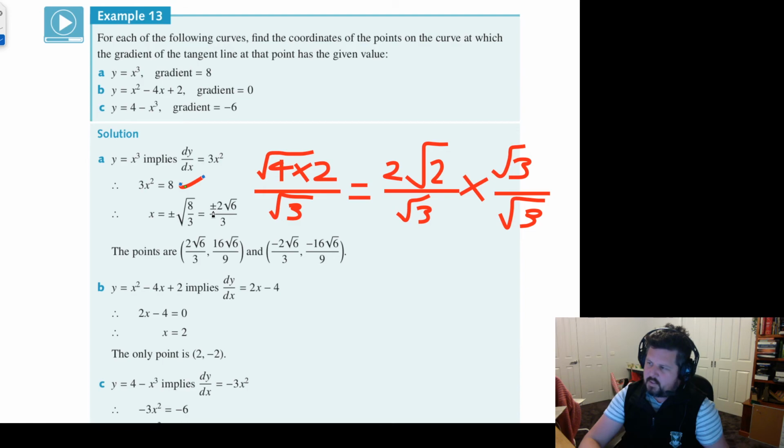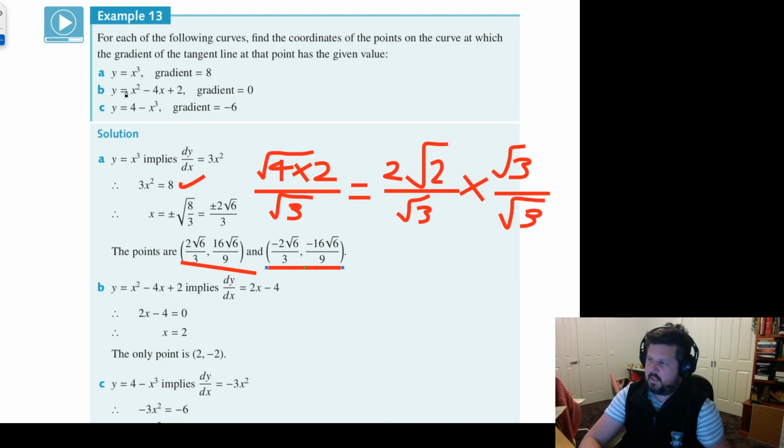In this case, we also need to do the same for negative 2 root 6 over 3. Plug that into the original equation and you'd get its corresponding y coordinate. And that says that at these 2 points, the gradient is 8 for this function at that particular point.